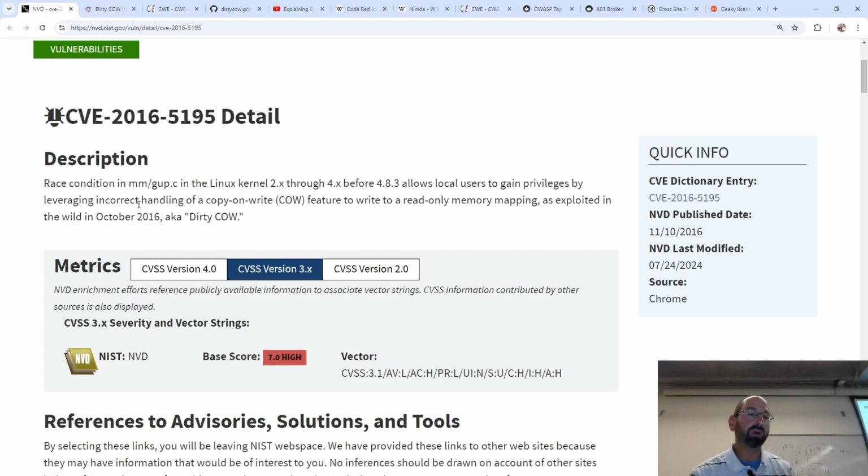The copy on write feature of a modern Linux operating system allows us to open up a file that we have read privileges to and map it to a region of memory. You'll see these calls to mmap, which is fundamental in memory allocation and management. And if we then choose to write to it, it allows us to actually make a copy of that region in memory instead.